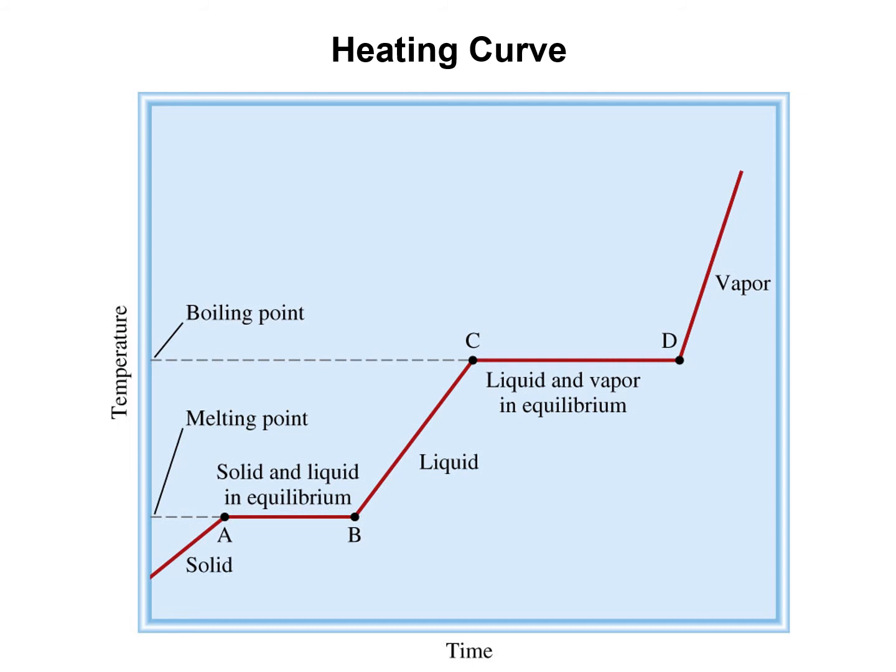But at any rate, what we have here, let's say this is minus 20 degrees Celsius. And let's say we've got a water sample. So we have ice at negative 20 degrees Celsius, and we are increasing temperature, and time is on our x-axis.